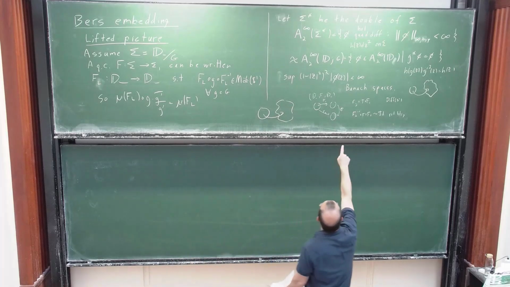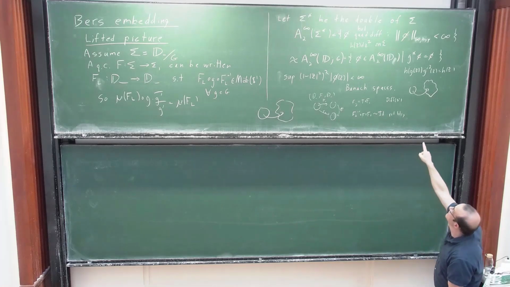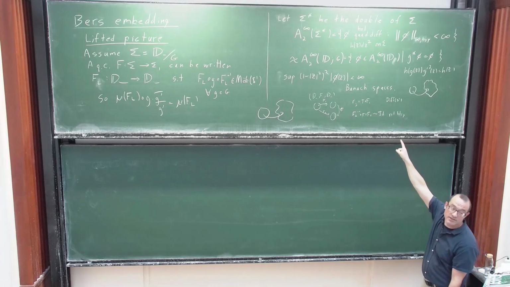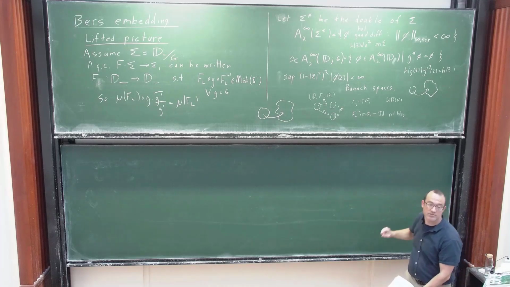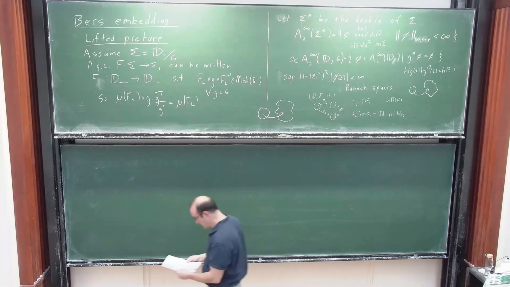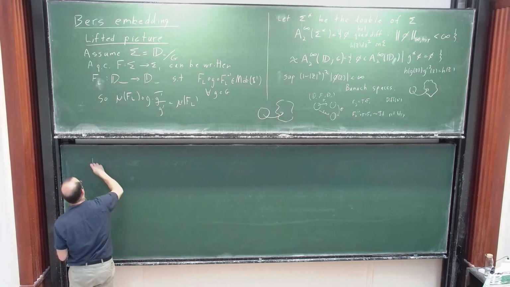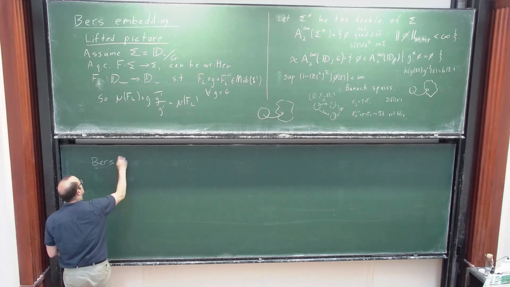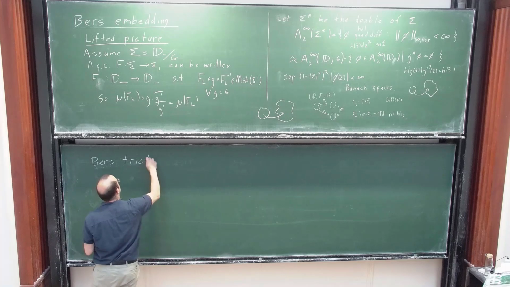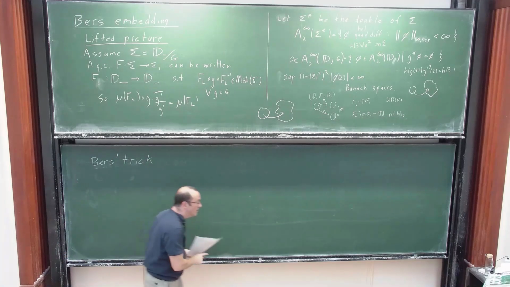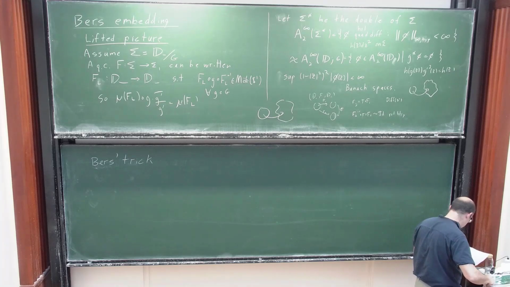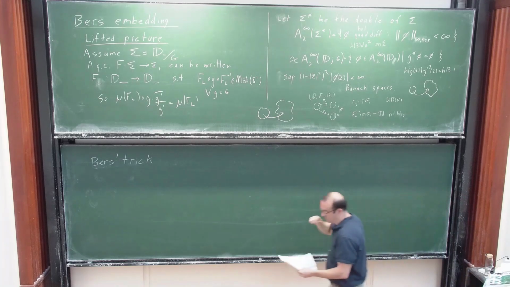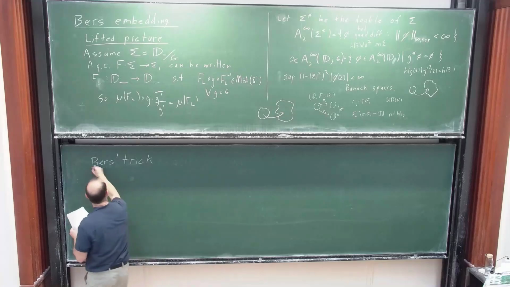So, what are we going to do? There's a space of quadratic differentials here, which is a nice Banach space. And what we're going to do is put the Teichmüller space in the space of quadratic differentials.